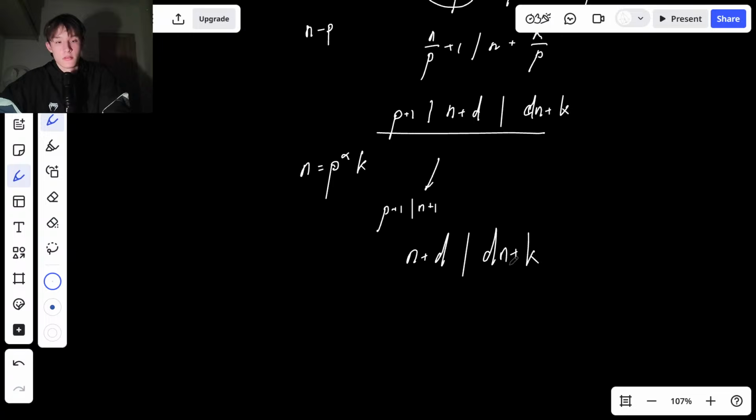This is divisible by d, this is divisible by d. So instead of k, we can always write dk.